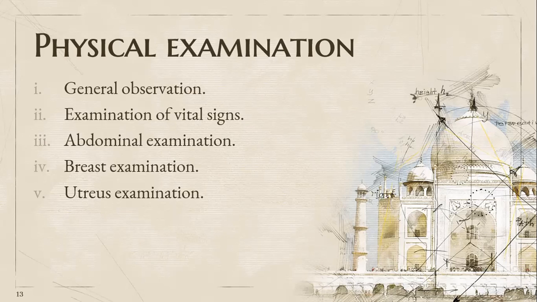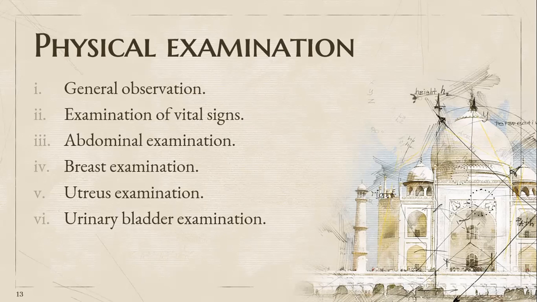Next, urinary bladder examination. Just after delivery, there may be a swelling in the urinary bladder. Its capacity might increase, but sensitivity decreases. In order to avoid expansion of the urinary bladder, the woman should be encouraged to urinate.